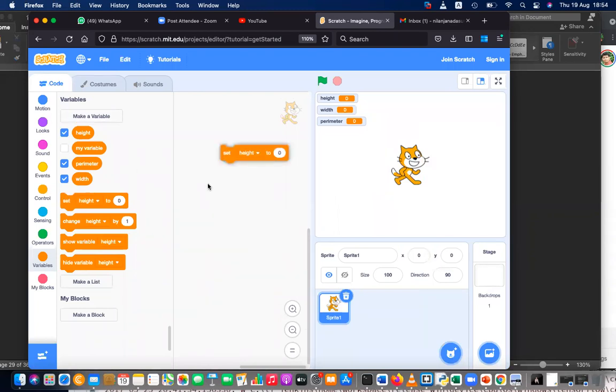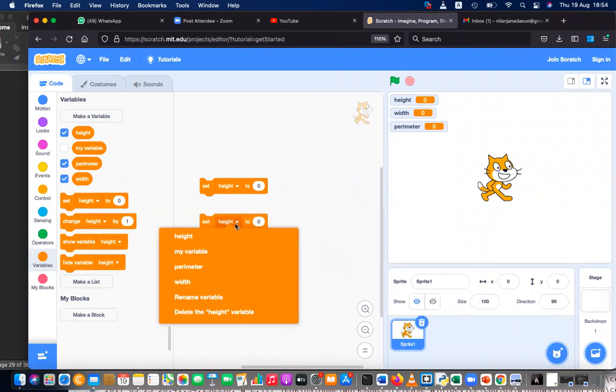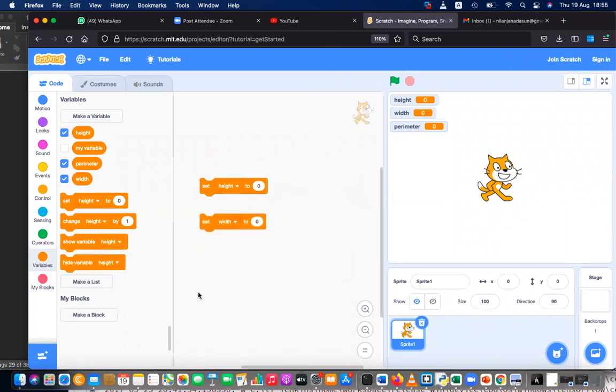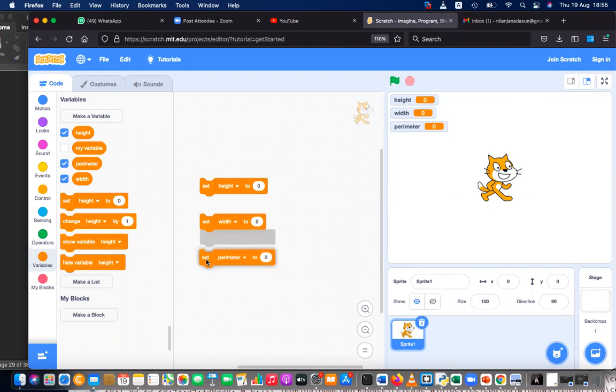Okay, 3 variables: height, width, perimeter. Then set height is needed, set width is needed, set perimeter is also needed. Right? That is from the variable side. You need height, width, and perimeter, all 3.